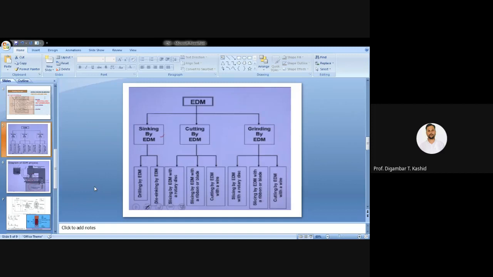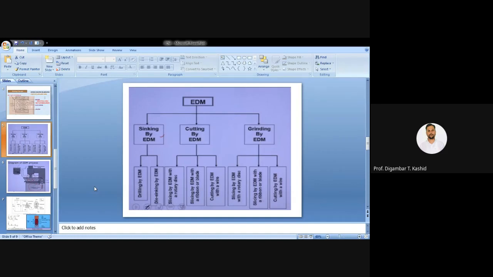So, using this EDM process, many things can be done. There are different varieties of work that can be carried out by this EDM process, and we have to control the process in such a way that the tool wear rate should be as minimum as possible. Because as we know, during the sparking, material from both the tool as well as the workpiece will be removed.